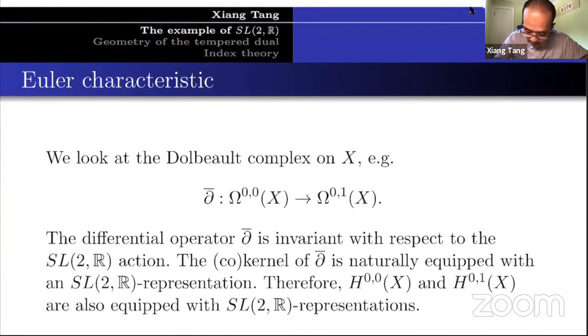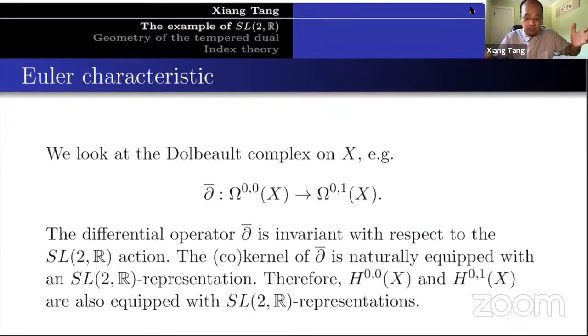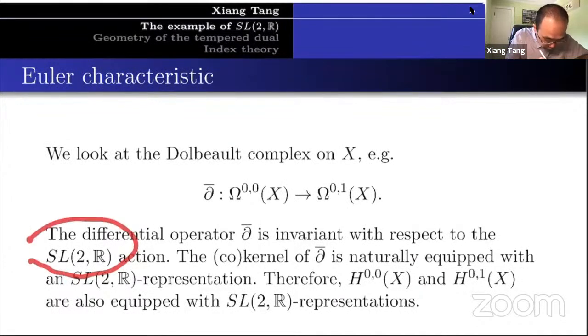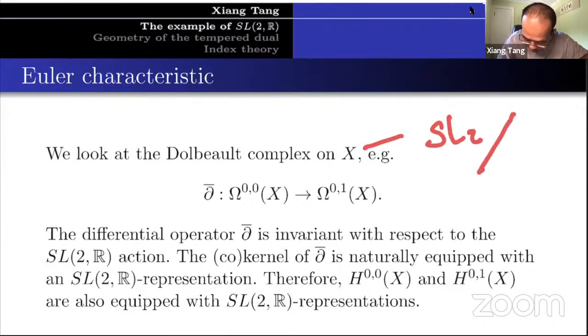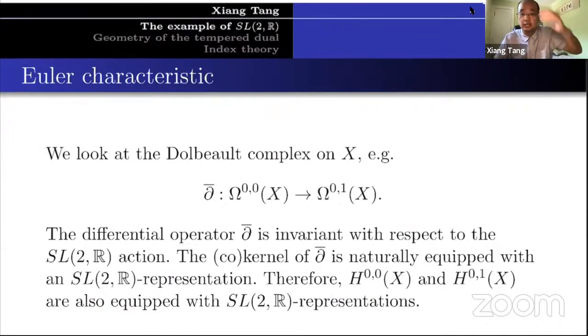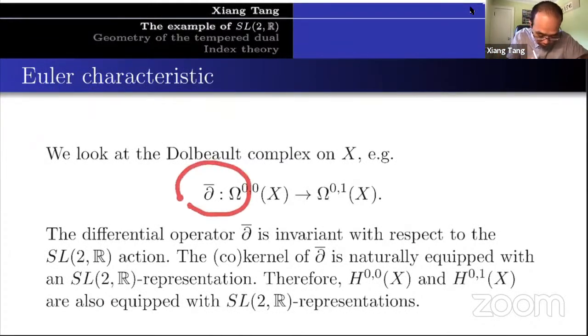Then the nice property here is that we have SL2R acting on X, where X was SL2R modded by SO2. So with this action, everything is invariant, and the ∂-bar operator is actually SL2 invariant.